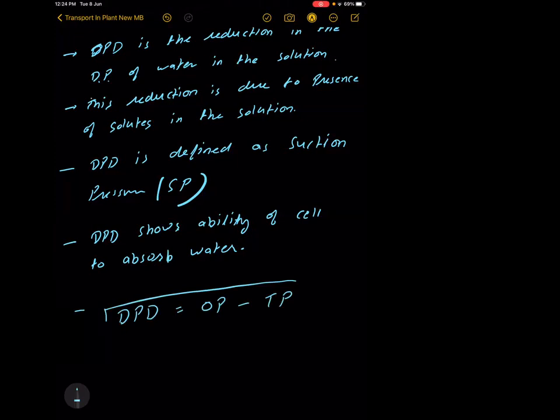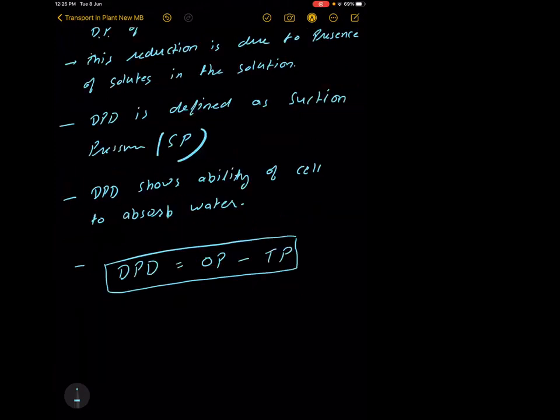Here you can put WP in place of TP, no issue. TP is equal to WP. Or DPD, it is called SP. No issue. It is the same.